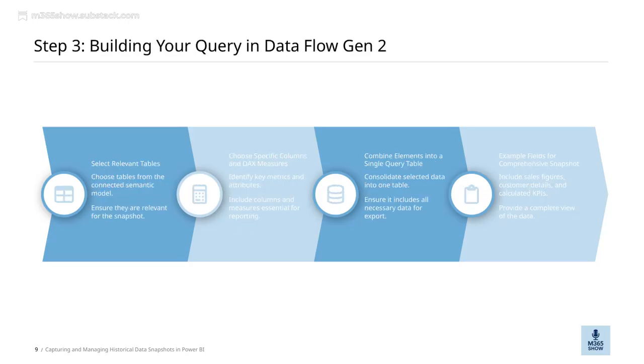Now, let's move on to step 3, building your query in Dataflow Gen 2. Here, the focus is on capturing and managing historical data snapshots in Power BI. The goal is to create a comprehensive view of your data by including key elements like sales figures, customer details, and calculated KPIs.